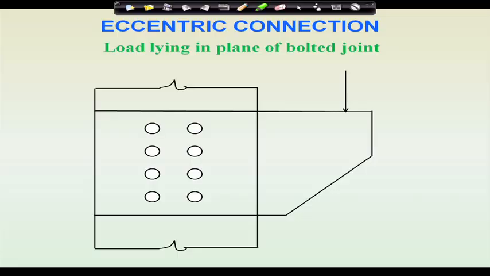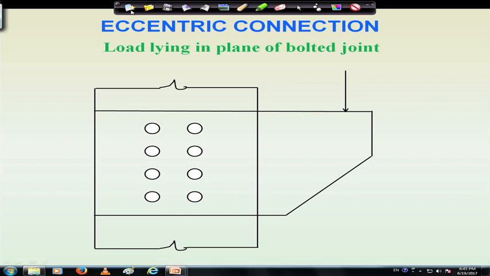Today I will discuss mainly the bolted connection where the load is lying in the plane of the joint. Say, for example, if we see this, this is a typical example of a load lying in the plane of a bolted joint.